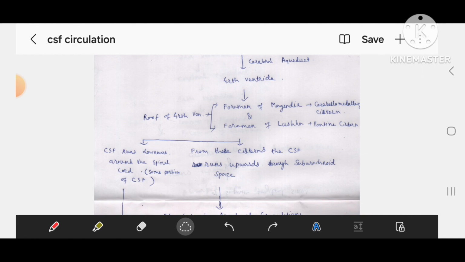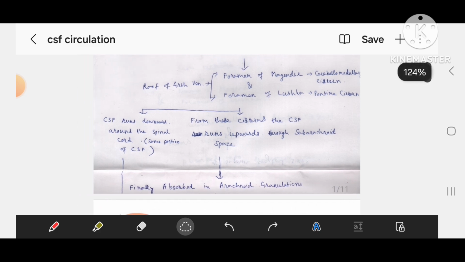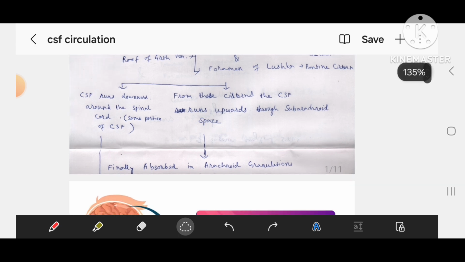So finally the CSF has come into the cerebromedullary cistern and the pontine cistern. From these two cisterns, the CSF will run upwards by this route and downwards by this route. First of all, we'll talk about the upward route. From the cistern, the CSF runs upwards through the subarachnoid space.